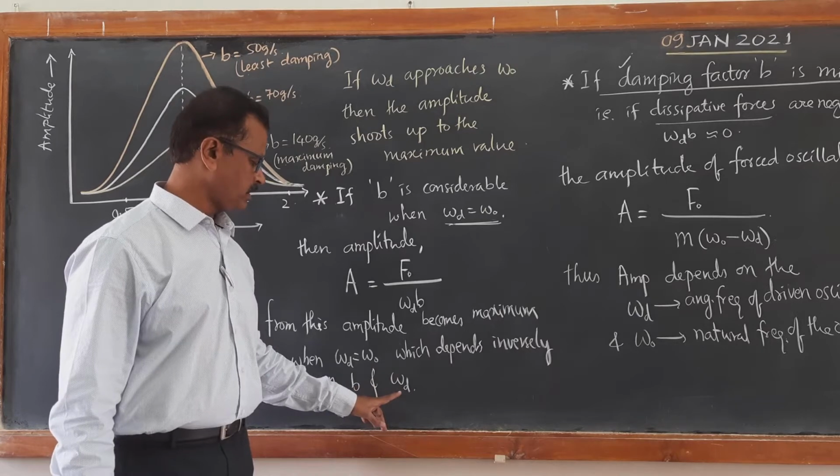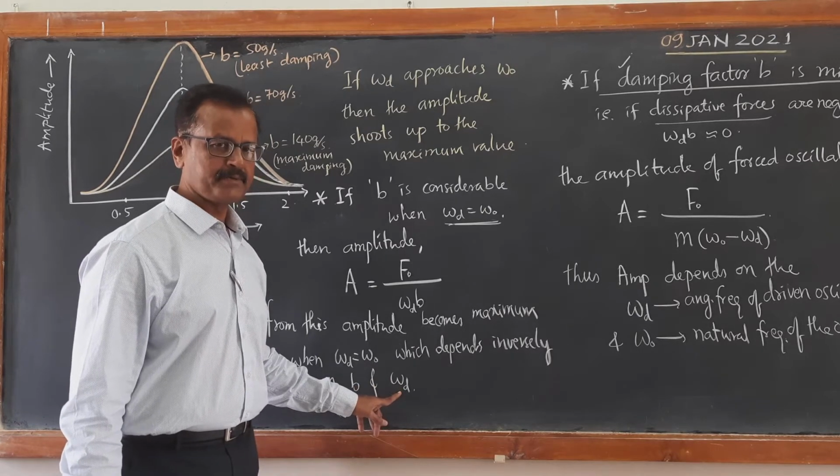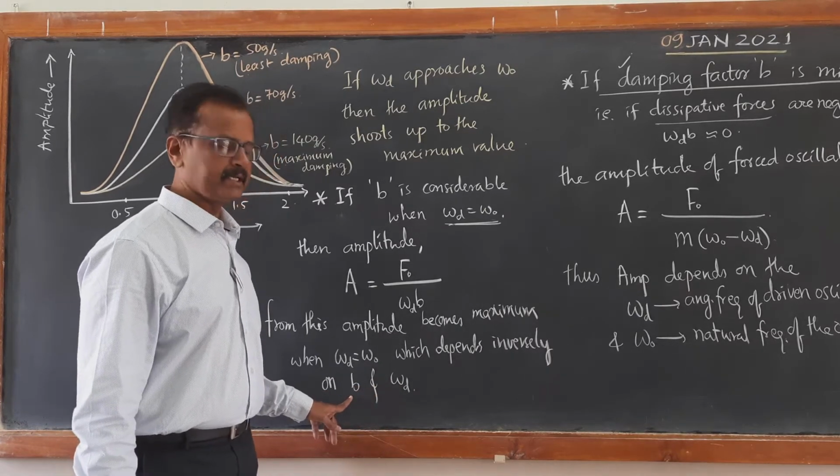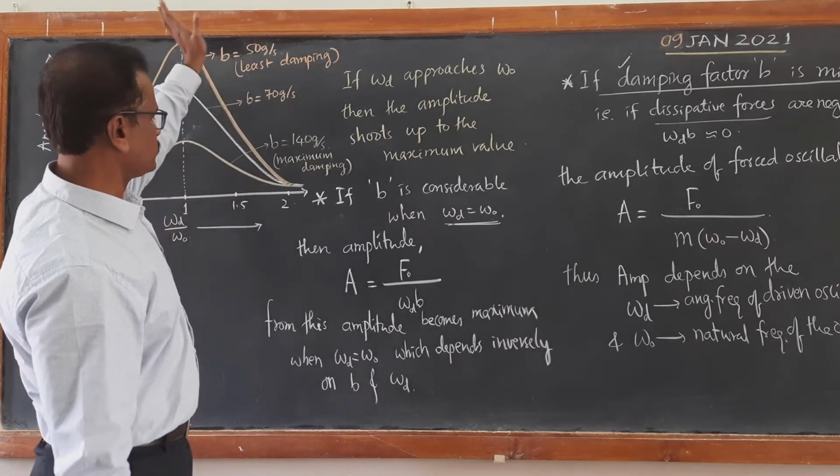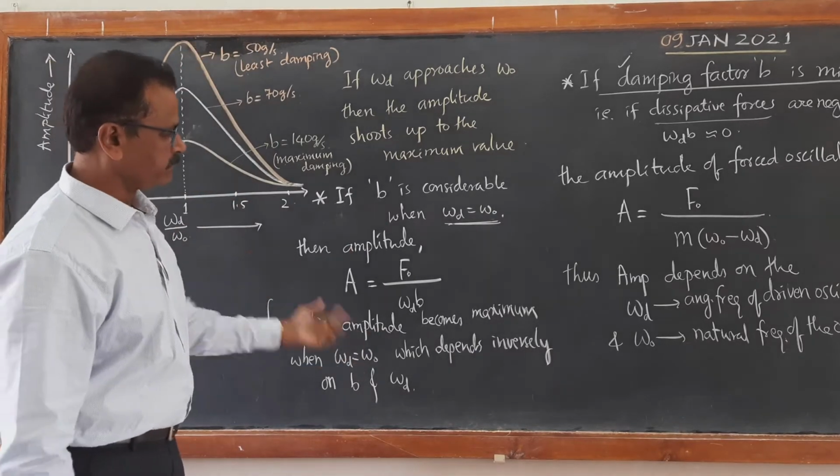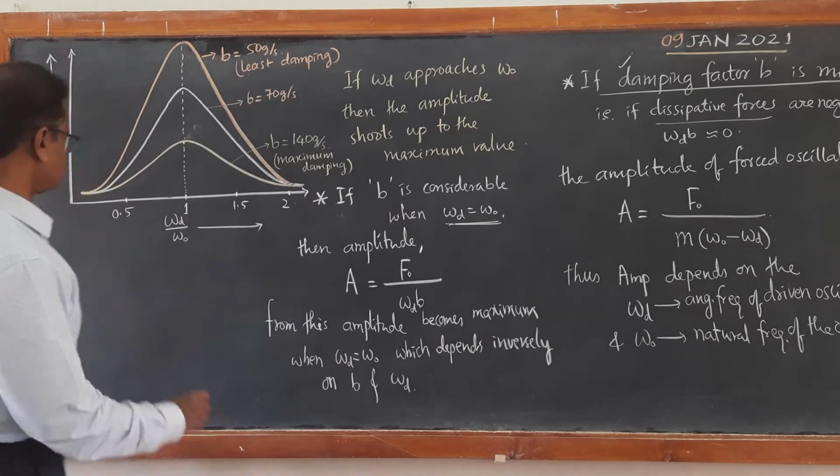So it depends only on the angular frequency of the external periodic force and the damping factor B, and thus it shoots up to the maximum value. This complete phenomenon is called resonance.